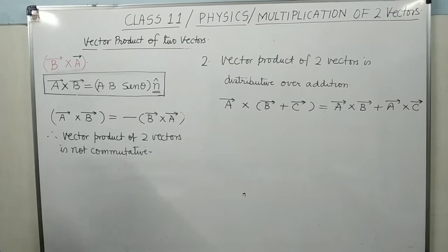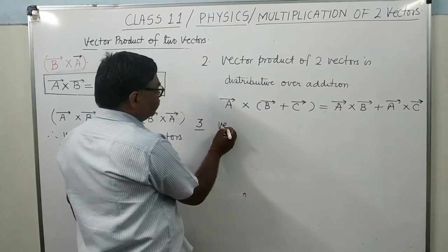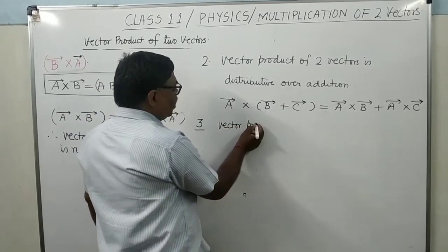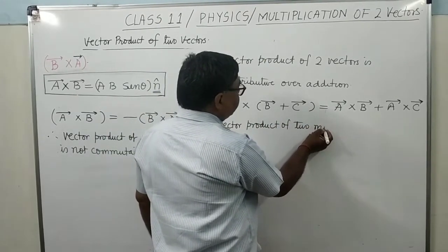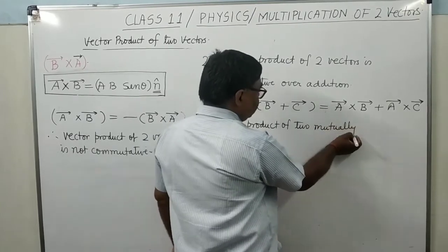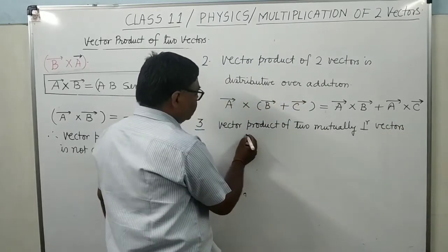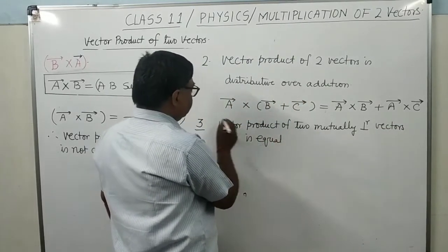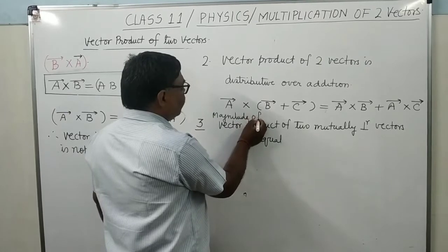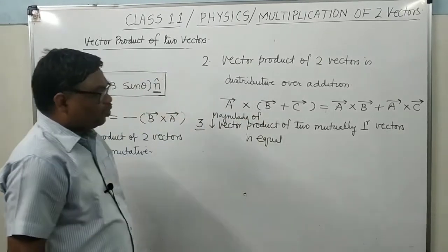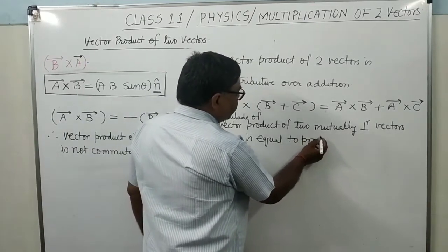Now see here, there is one more. The magnitude of the vector product of two mutually perpendicular vectors is equal to the product of their magnitudes.